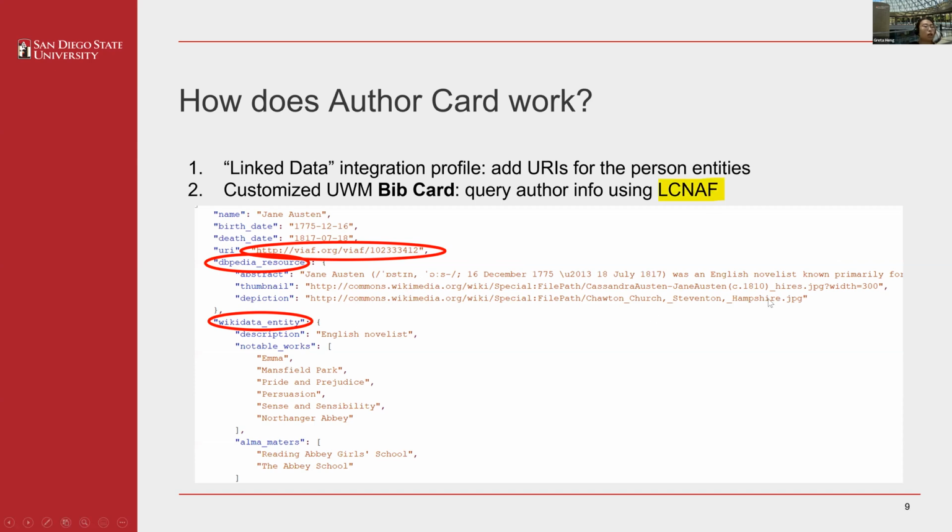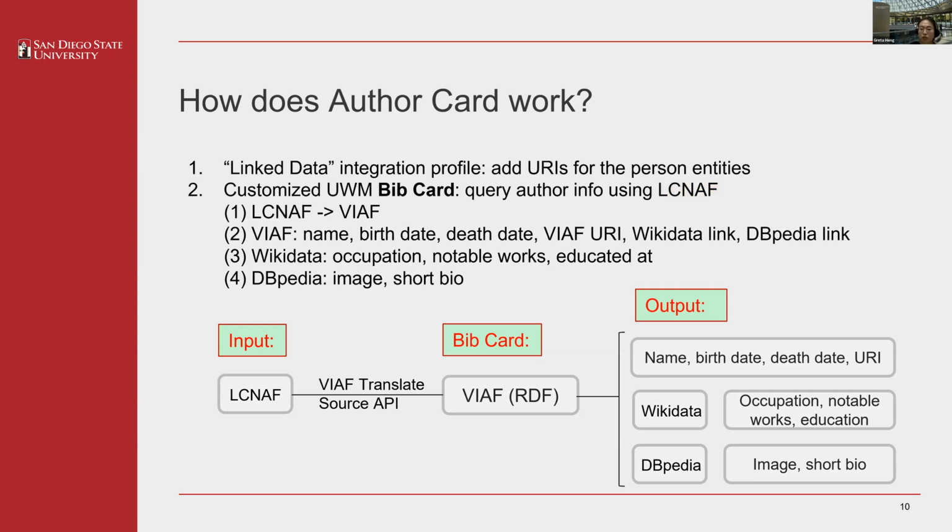Well, let's look back a little bit. In the second step, we said that Libris uses LCNAF to get the author's data, but why in this JSON-LD is LCNAF not here? Let's dig deeper into the customized bib card code.